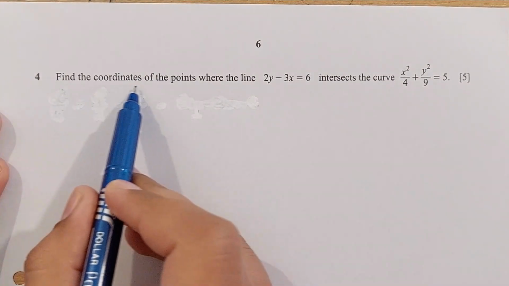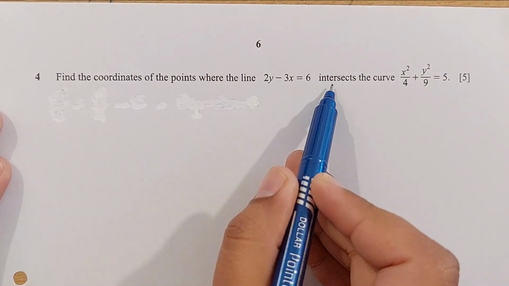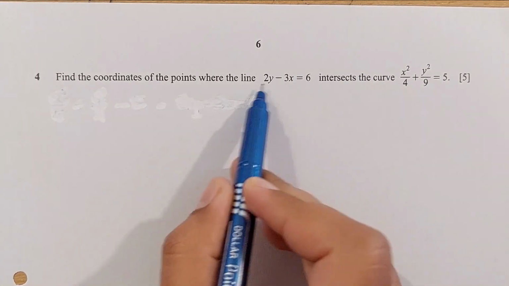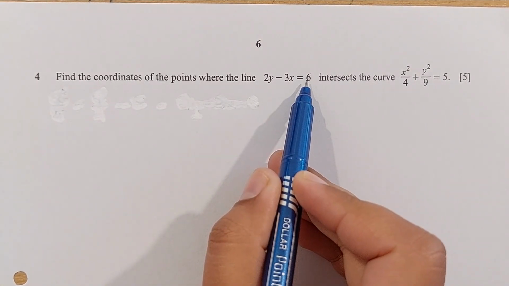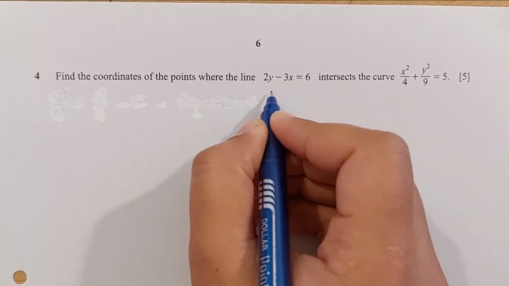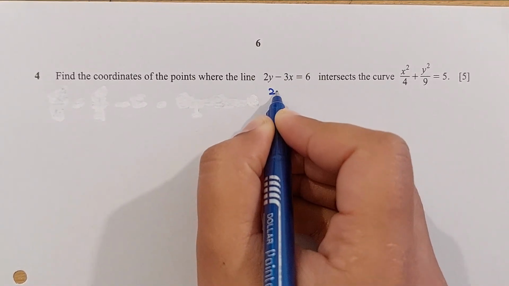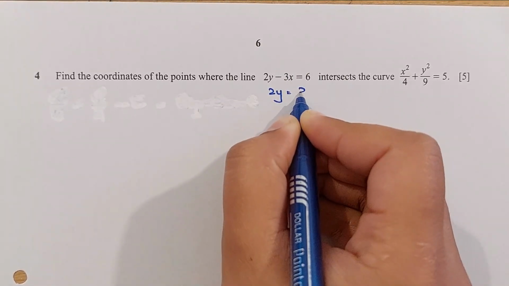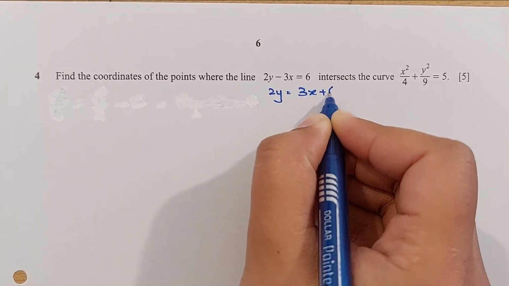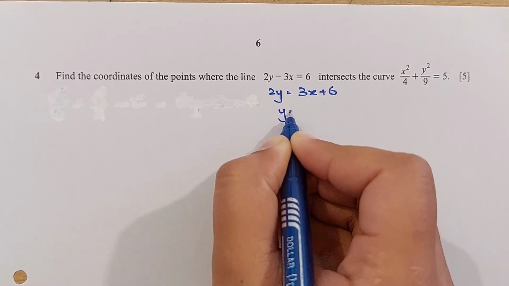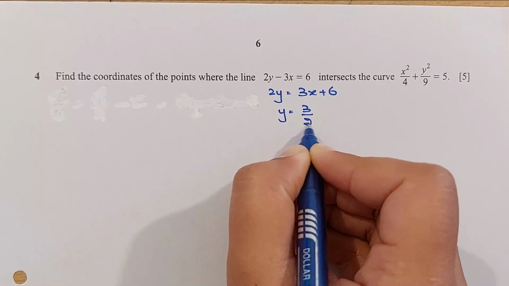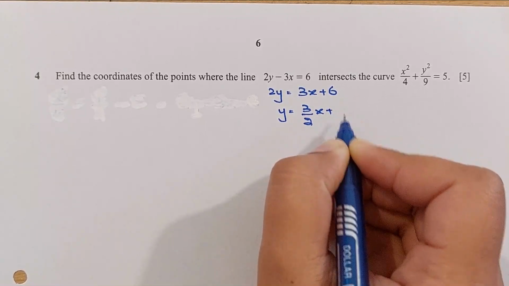Question number 4. Find the coordinates of the point where the line intersects the curve. Okay, so let me solve for one variable from the line. So 2y equals 3x plus 6, and y equals 3 by 2 x plus 6 by 2, which is 3.